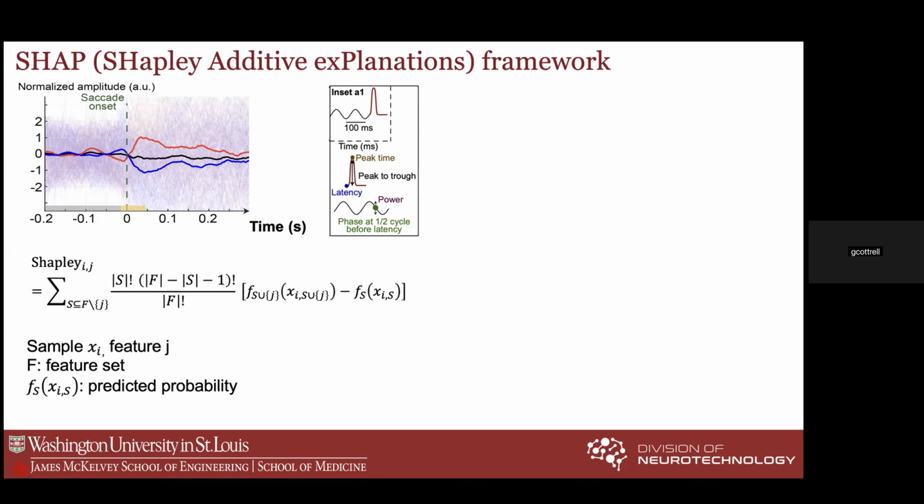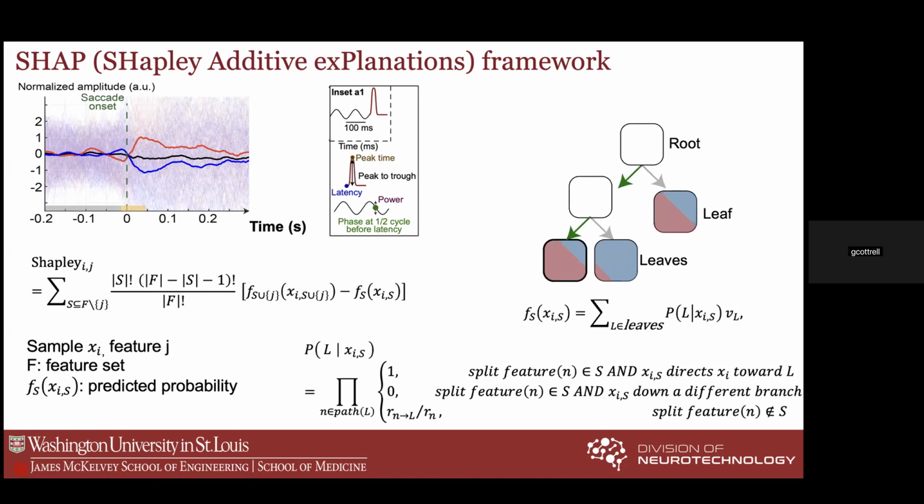An intuitive understanding would be that f_S of x_i is the expected predicted probability knowing feature set S. So here we present the Shapley value for feature j and sample i as the subtraction between two expected predicted probabilities. In the case of a random forest, it is much simpler. Each leaf is associated with a predicted probability, and the expected predicted probability is the multiplication of the leaf value with the probability of a sample reaching that leaf.